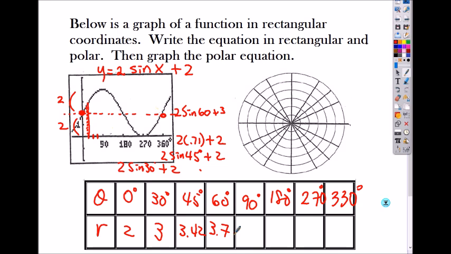What about at 90? What's sine of 90? Or actually, we can use the graph for this. At 90, what's your y? 4. What about at 180? 2. What about 270? 0. 330. So 330 is here.